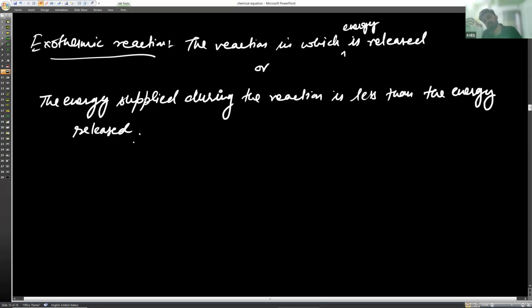Okay, you got it? Yes, sir. So this is called an exothermic reaction.